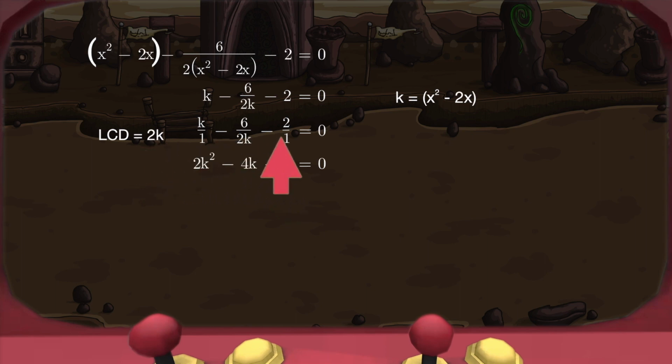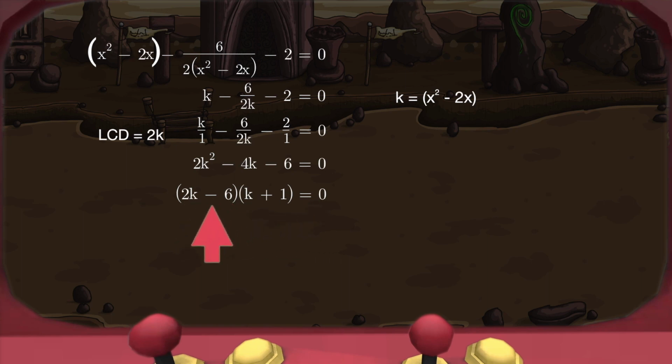So 2k divided by 1 is equal to 2k, and 2k times minus 2 is minus 4k. And as you can see, this is a quadratic equation, and we are going to factorize this. So we end up with 2k minus 6 in brackets as well as k plus 1, which is equal to 0. So what makes this bracket 0?